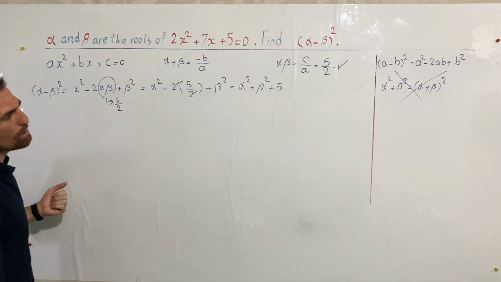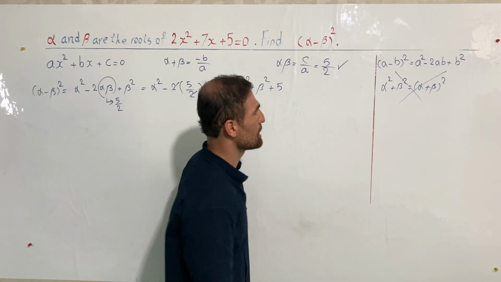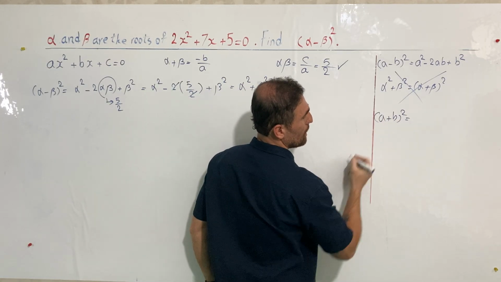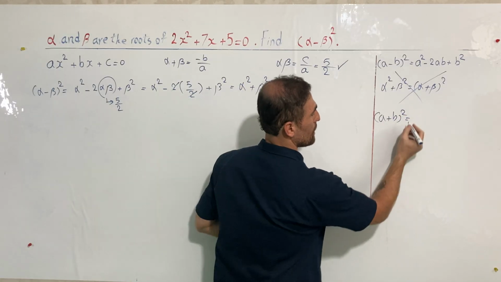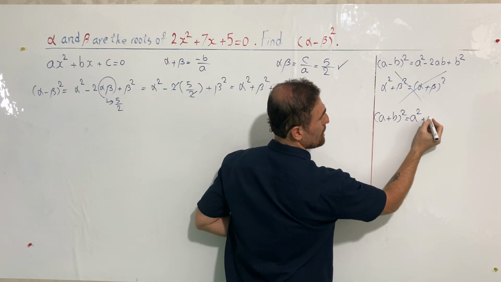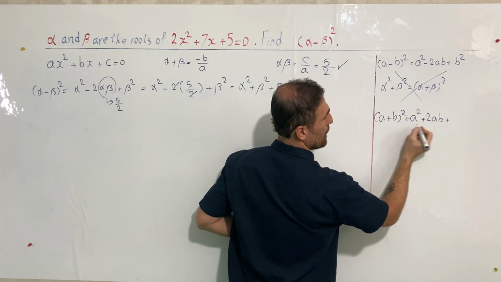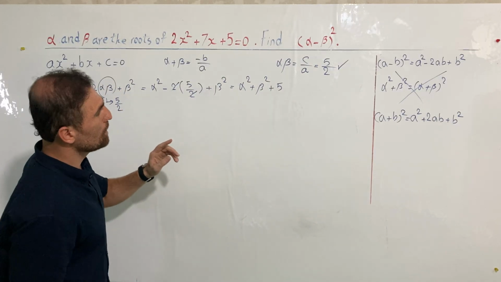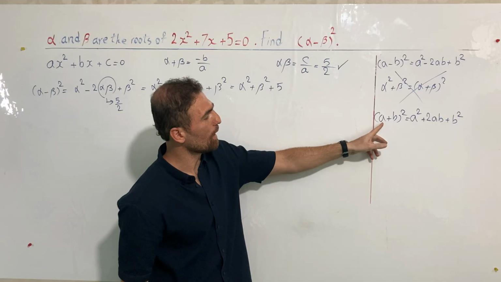To continue the solution, I'm going to get help from the next algebraic identity that says a plus b squared, the square of the sum of two terms, is going to be first term squared plus twice the product of the first term and second term plus second term squared. Now, let me put alpha and beta here instead of a and b.